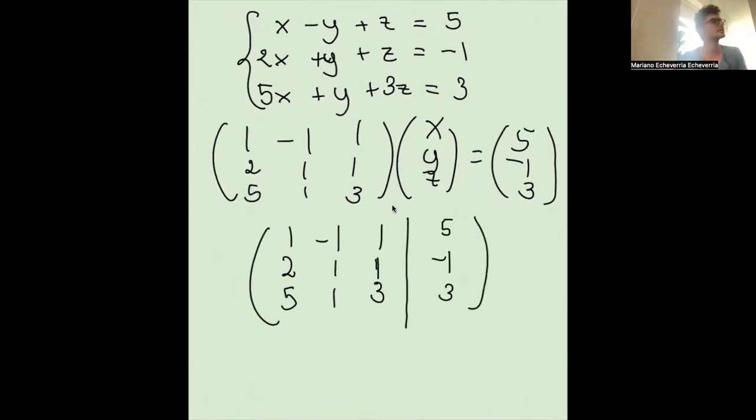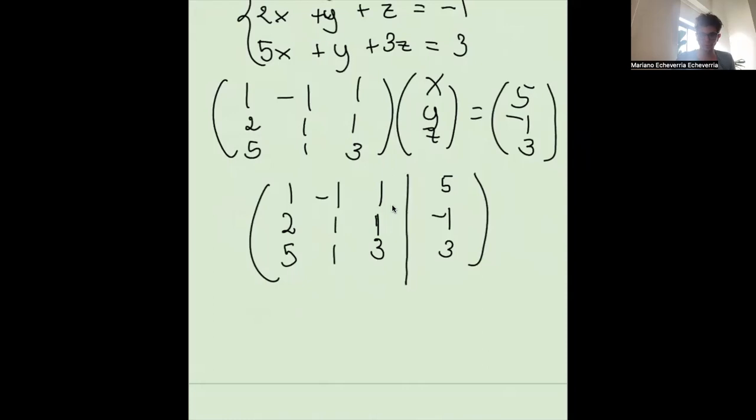And we start again as before. The idea is to start in column 1 and put as many ones and zeros as you can. So you already started with the 1. So that's good.